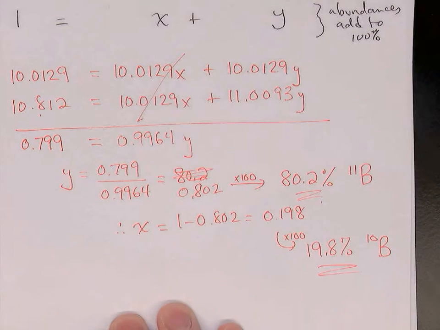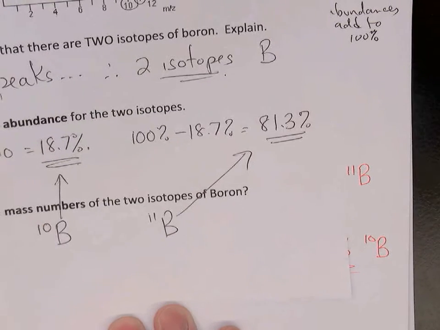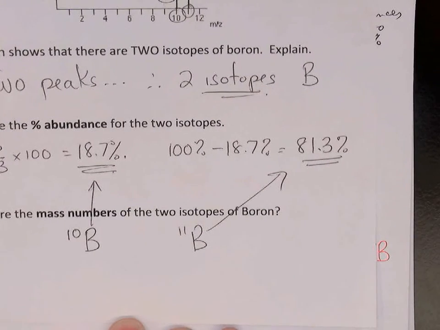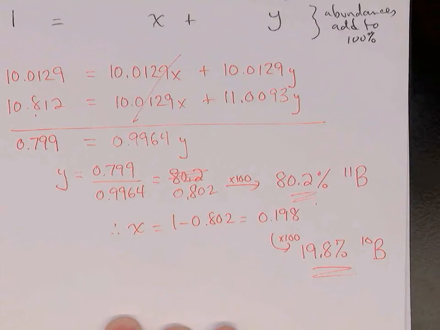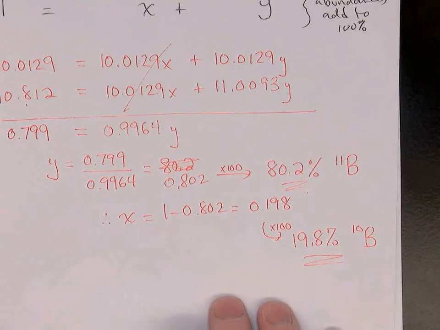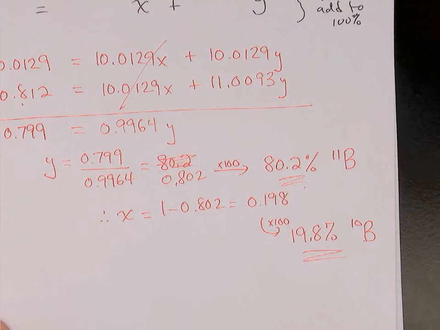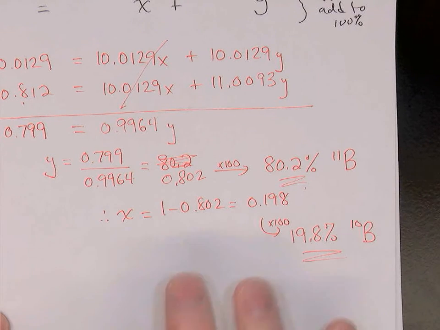And hopefully those percentages are similar to what we had earlier. They're not exactly the same, but they're pretty close to the abundances we saw earlier in the mass spectrum. Not exactly the same, and I'm not sure why. I'm going to assume that these numbers, because they had more significant digits, are probably the more accurate numbers.